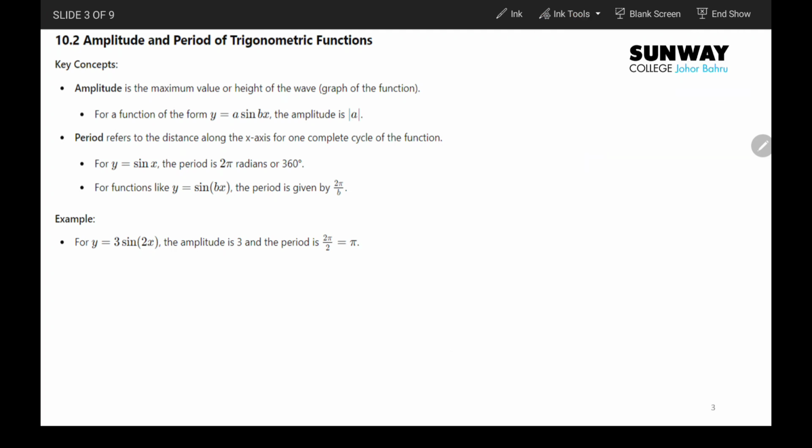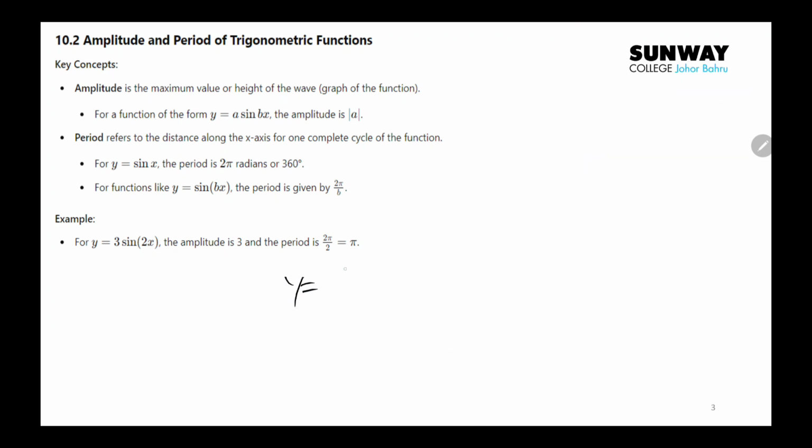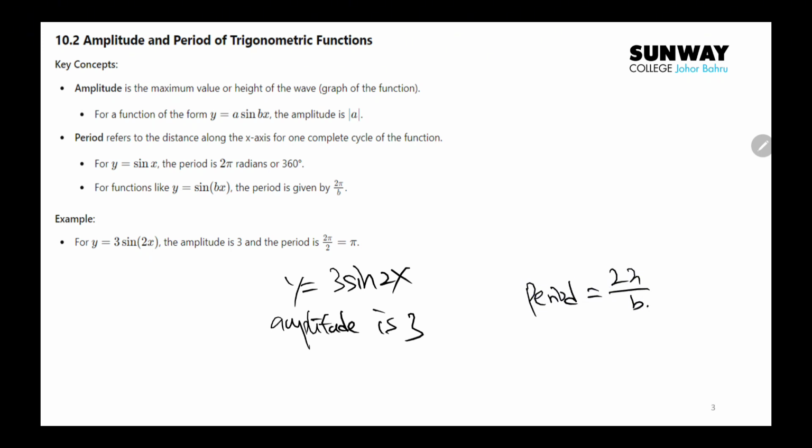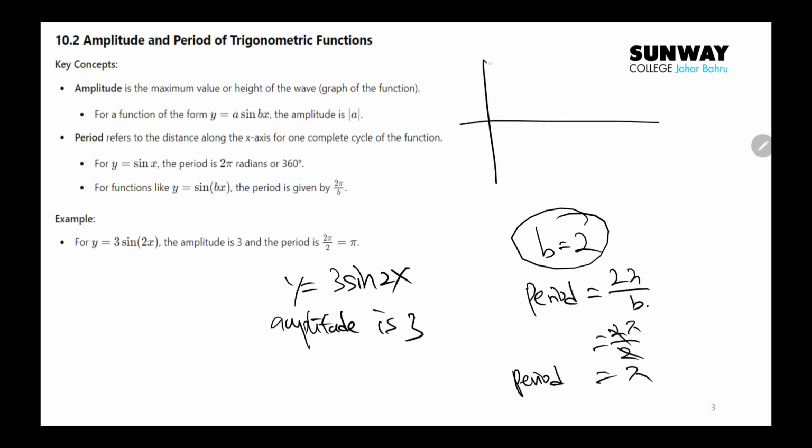When you have an equation that looks like this, y equals to 3 sine 2x, it simply means that its amplitude is 3 and its period is 2 pi over b, whereas you can identify the value of b, so you understand that its period is pi, and it will mean that it takes pi amount of time to finish one cycle.